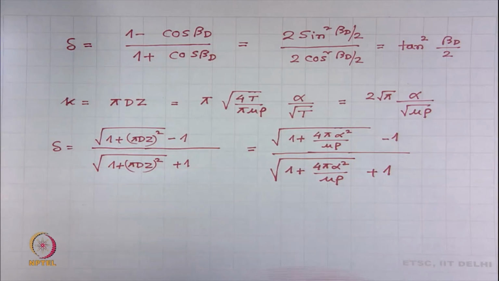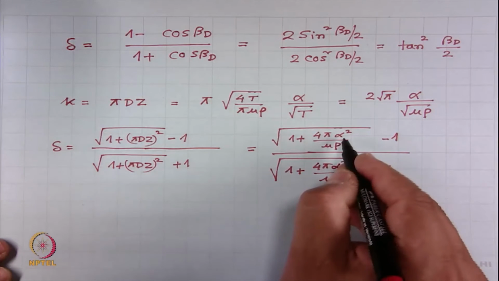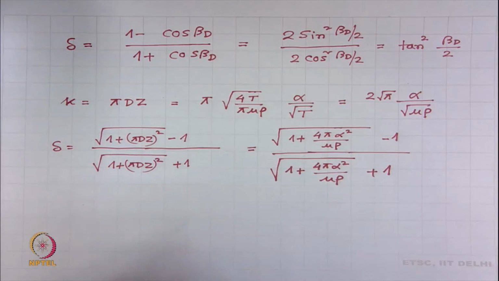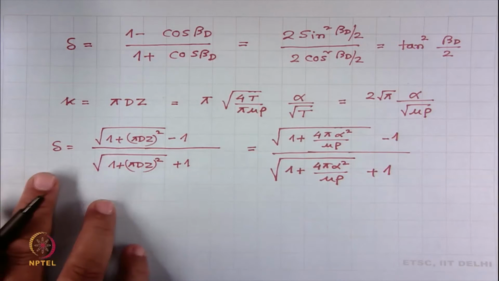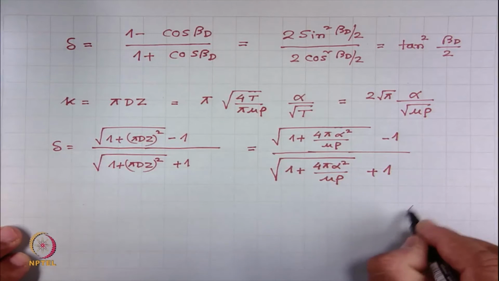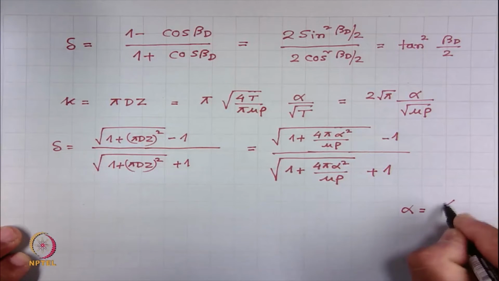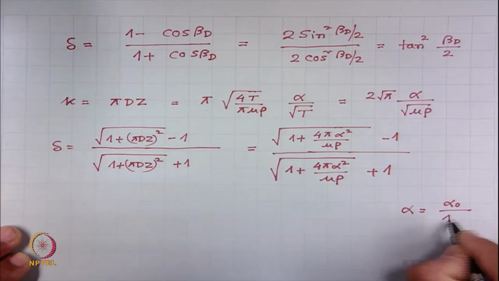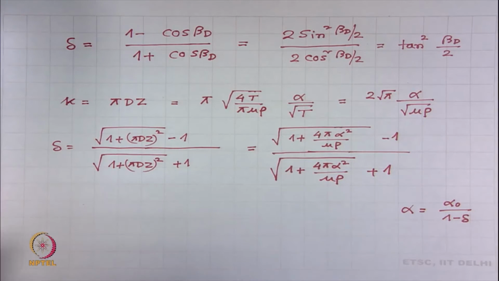Now, this alpha, the twist intensity, is also related to yarn retraction. How? You remember alpha is equal to alpha naught by yarn retraction.